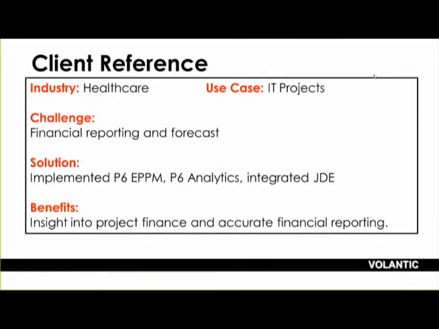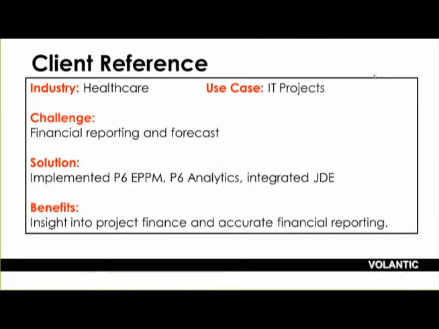So what was done in the solution was P6 EPPM was implemented, as well as P6 Analytics, as well as the integration between P6 EPPM and J.D. Edwards. And P6 Analytics worked so well for this organization, drawing in data not only from P6's database but from J.D. Edwards' database, that they ended up doing a lot of their financial forecasting and reporting out of P6 Analytics.